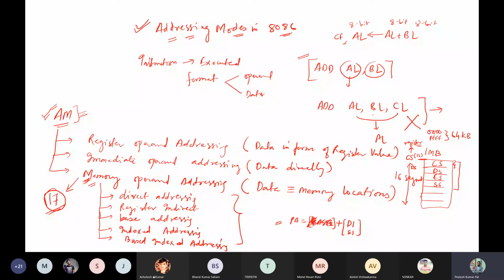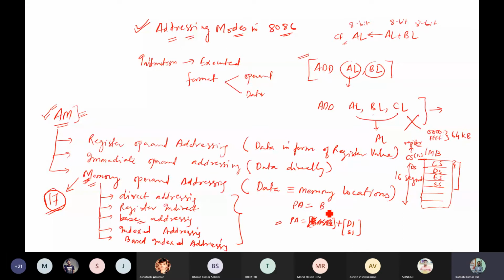In base addressing, to find the physical address, we do the multiplication with these segment registers. Here we call it the base register, or we call it the segment register.